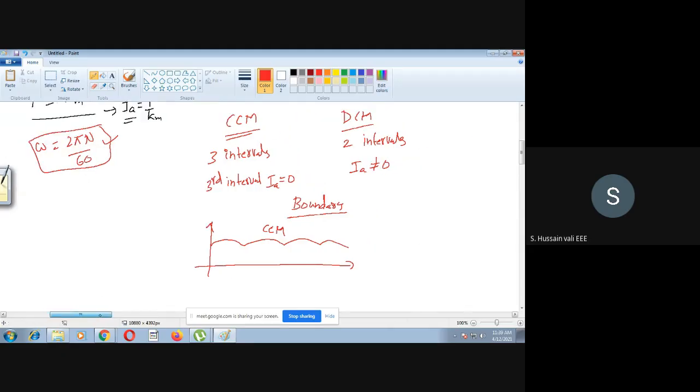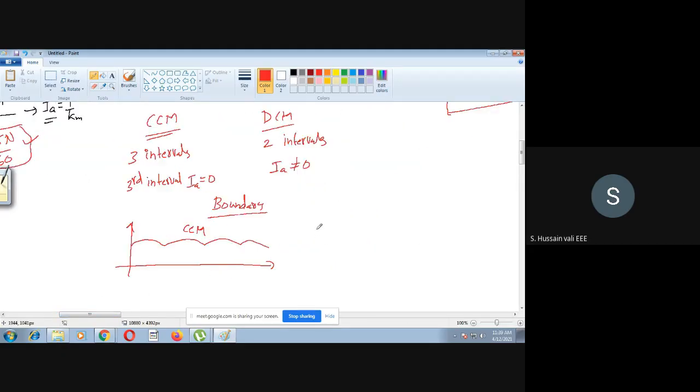Whereas I will draw another picture. Now this is discontinuous conduction mode. You see why I'm saying discontinuous: there is this small interval, and in this interval the current I is equal to 0. In the continuous conduction mode, I never becomes 0.